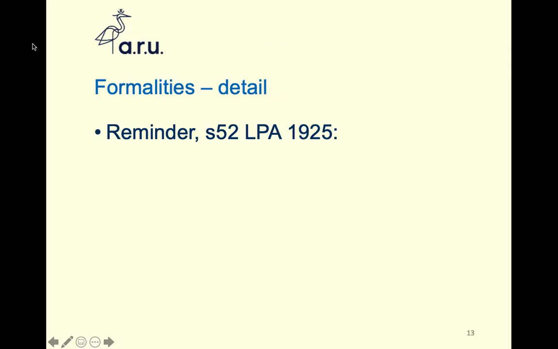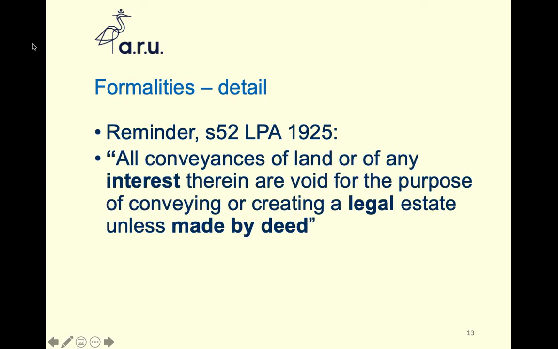In terms of formalities, we already looked at this previously, but I need to keep pushing it into place in terms of establishing how to protect those estates and interests and affixing and attaching them to the land in some way.